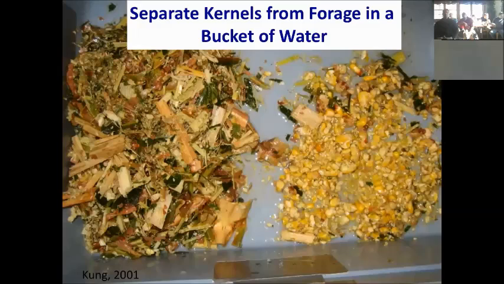Use your hand to take out as much of that as you can, and then slowly pour the water out, helping the rest of the material that's floating off, so that it leaves the bucket. And you probably want to do it very carefully at the end so that you don't have any of the corn kernels go out. You can fill up the bucket probably once or twice with water, and again, help the floating material out. By about the third wash, you're going to end up with this at the bottom of your bucket.